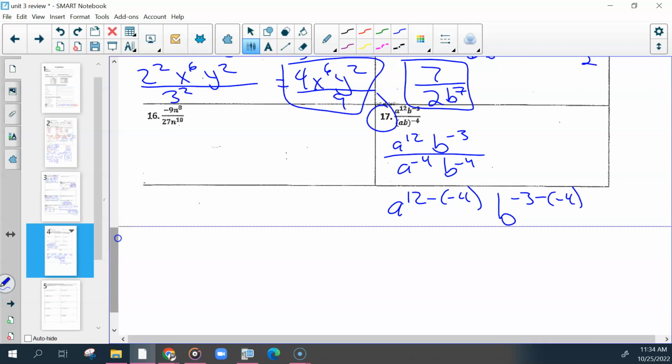What would your new exponents become? Not 8. Don't check that. Because we're subtracting a negative. A to the 16. And then b to the 16.